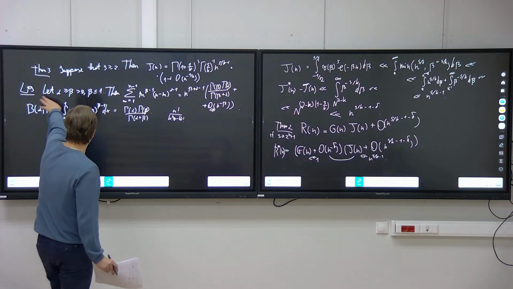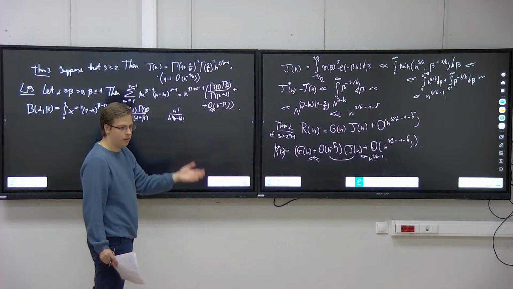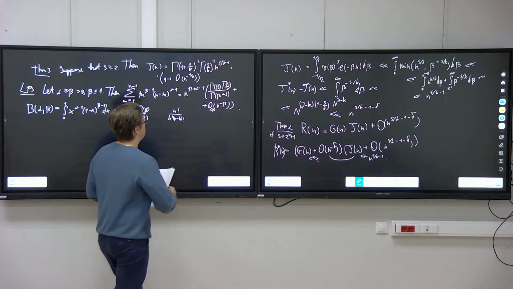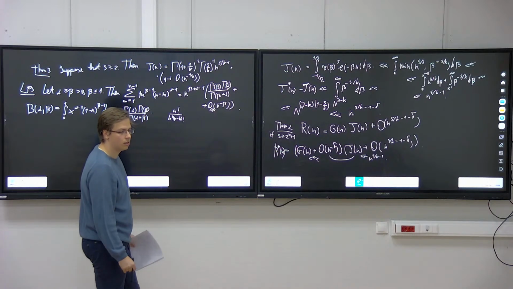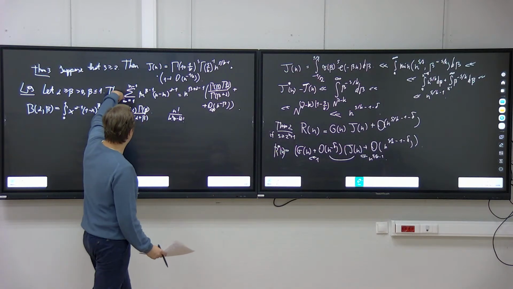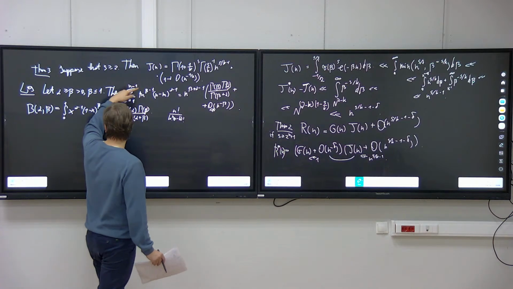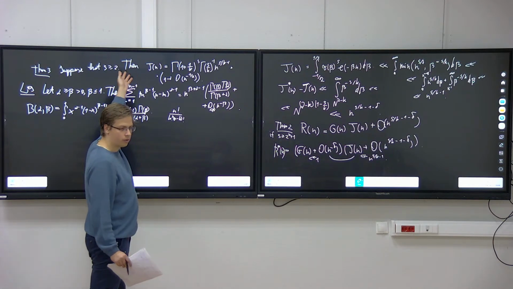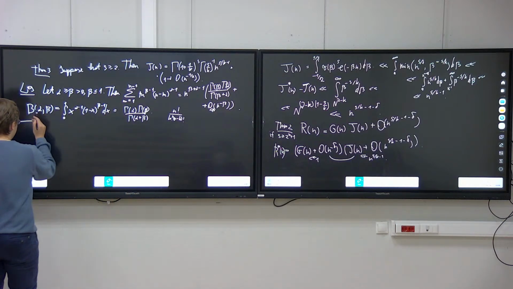So, what's written in lemma 9: we just have a sum, we relate it with an integral, and the integral is exactly like that. So we have to transform the sum into an integral over n from 0 up to n. So let me prove this lemma.